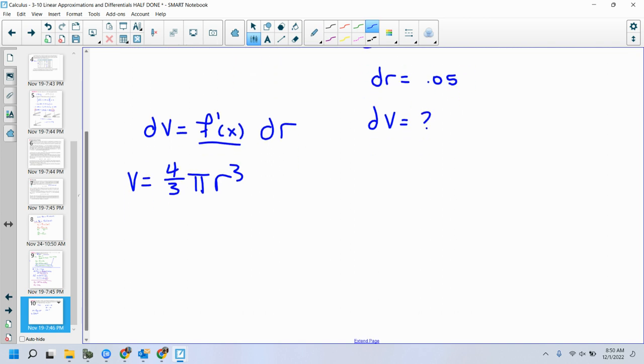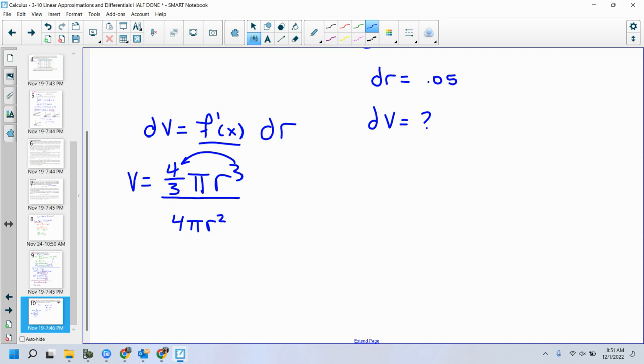So let's find our derivative here. Bring down the 3. That's going to cancel with my denominator, leaving us 4 pi r squared. So there's my derivative of my equation, right? 4 pi r squared.